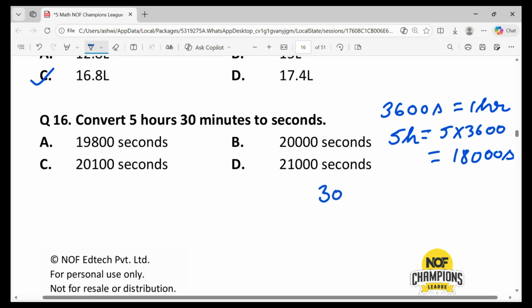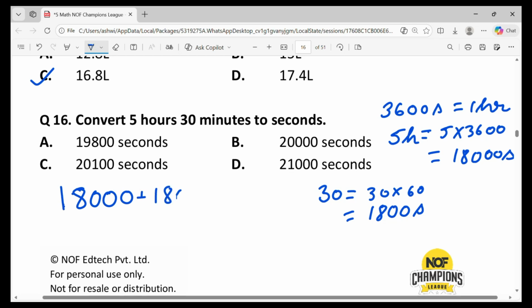So 30 minutes will be equal to 30 into 60 seconds, that is equal to 1800 seconds. So the total seconds will be 18000 plus 1800, that is equal to 19800. That is option A, 19,800 seconds.